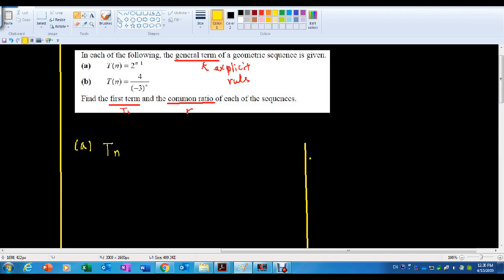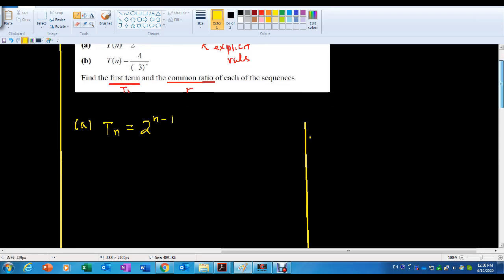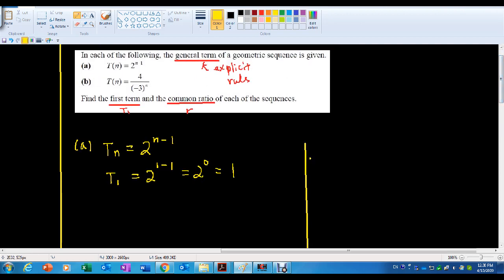Let's say Tn equals 2 to the power n minus 1. Just like a function, if it's the first term, T1, you put 1 into n. Can you see that? Just simple substitution. So it becomes 2 to the power 0, that means 1. So the first term is 1.